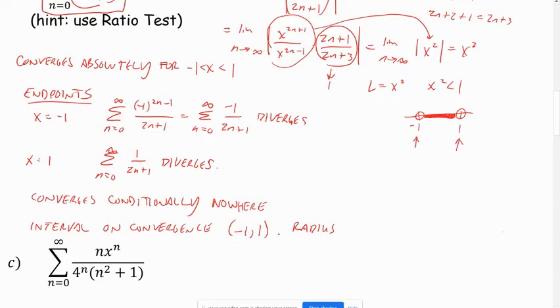So the distance from -1 to +1 is 2, and so the radius is half of that, 1. You can also look here. If you put a point right at the middle, that would be 0, and we can go 1 unit to the right and 1 unit to the left. And so our radius is 1.